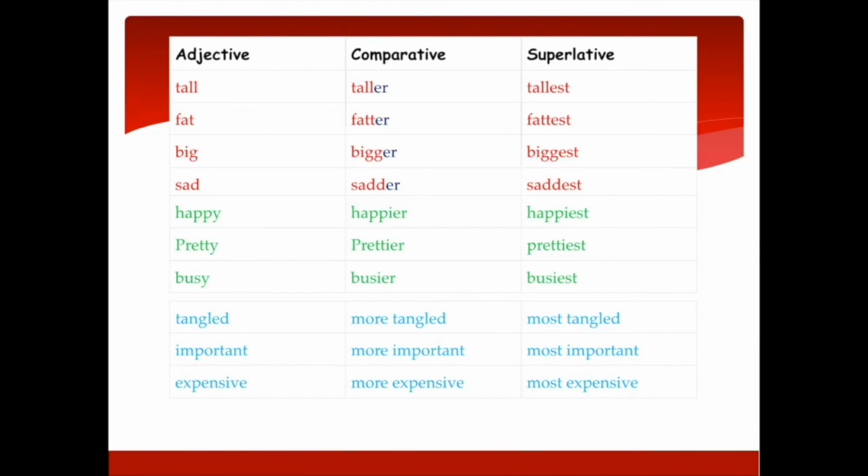Yes, what is the last letter? It is Y. So when we are creating the comparative degree of an adjective, we have to add ER, and for the letter Y, we have to add I. So, happy, when we are creating the comparative, we have to add I, ER.